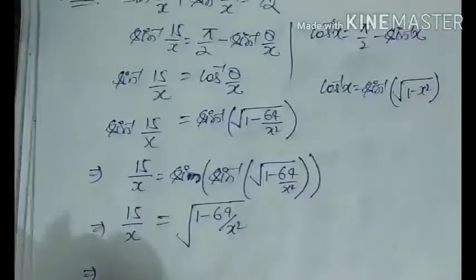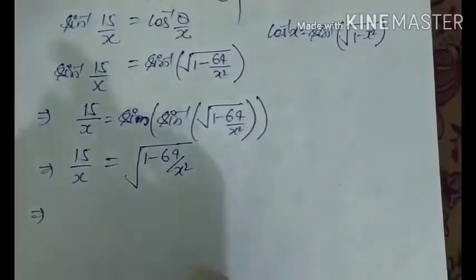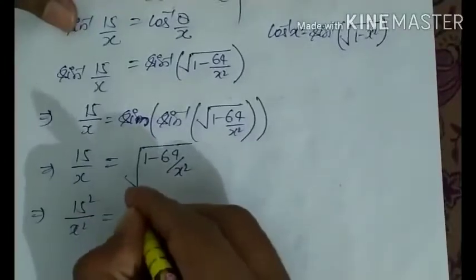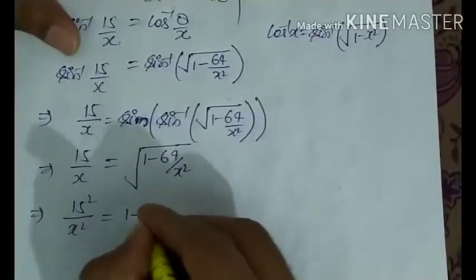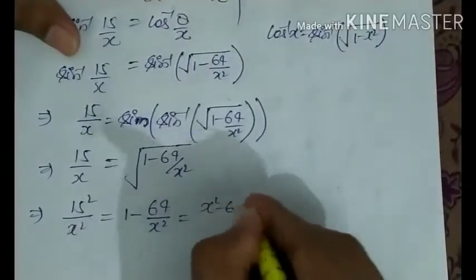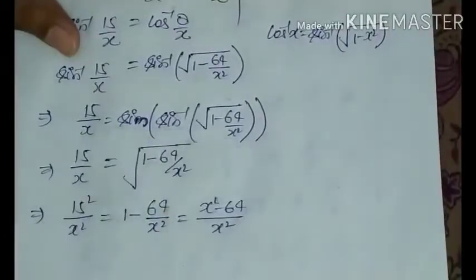Taking square on both sides, 15 square upon x square equals 1 minus 64 upon x square, which is x square minus 64 upon x square.